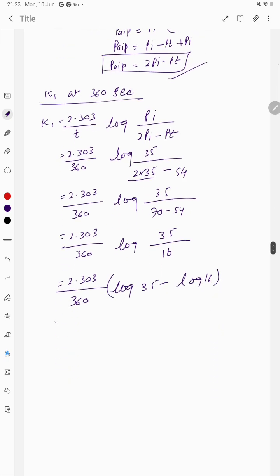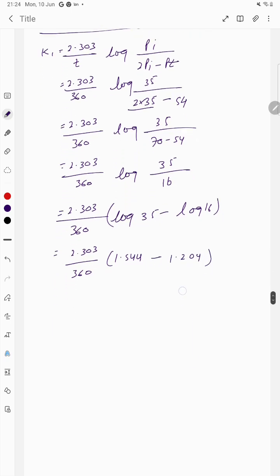Now we need to put in the values. Log 35 you can check from the table: it is 1.544 minus 1.204.